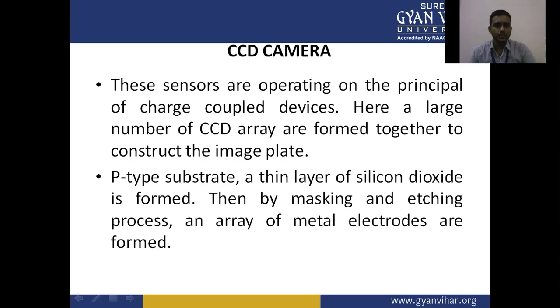These sensors operate on the principle of charge coupled devices. Here, a large number of CCD arrays are formed together to construct the image plate. On a P-type substrate, a thin layer of silicon dioxide is formed, and by masking and etching processes, an array of metal electrodes is formed.